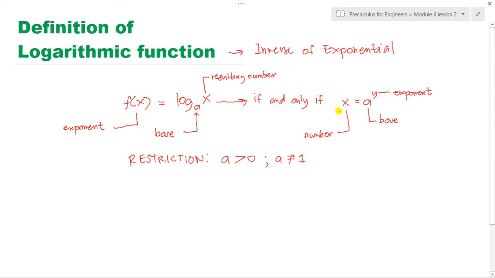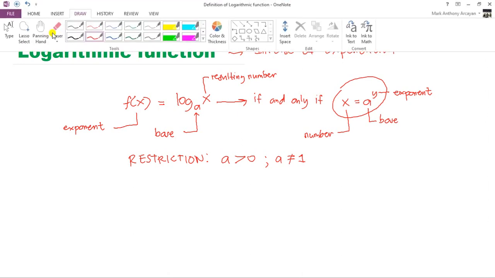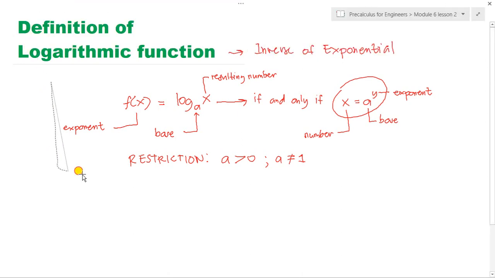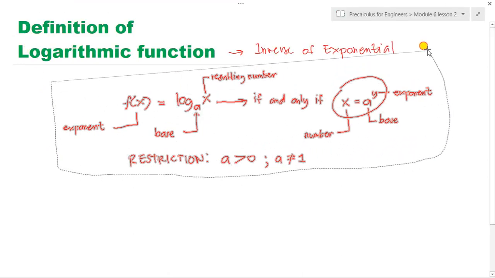We showed that this is the base and this is the exponent, since when you transform it, that is its form. And don't forget the restrictions: a should be greater than 0 and a should not be equal to 1.